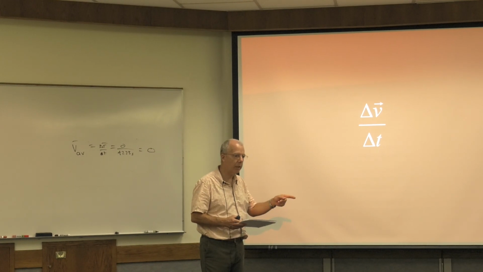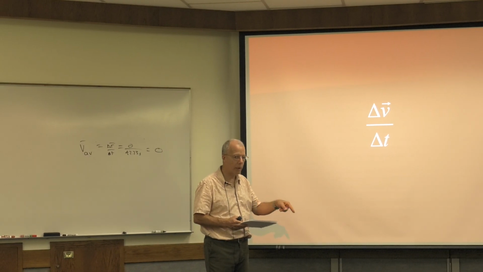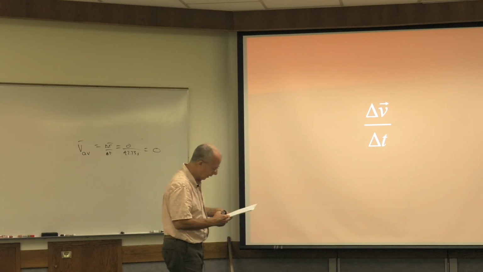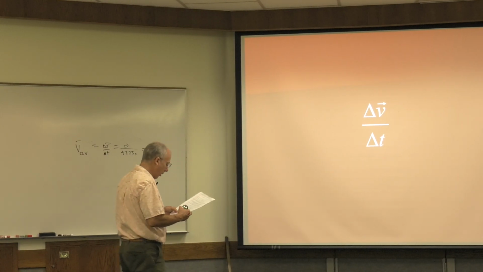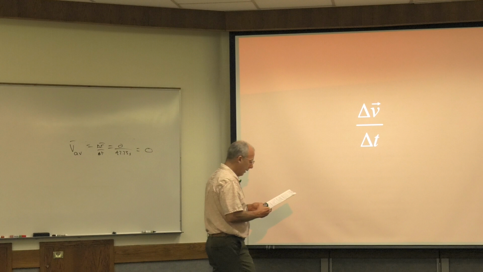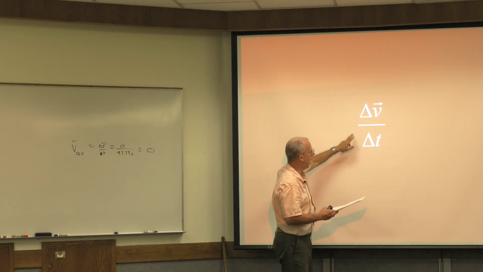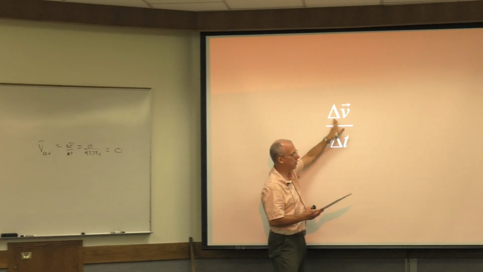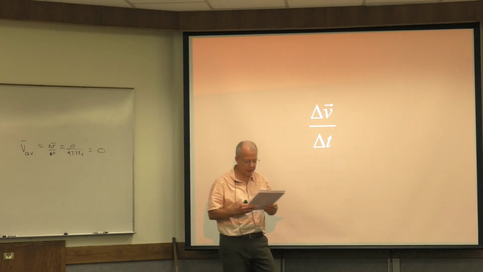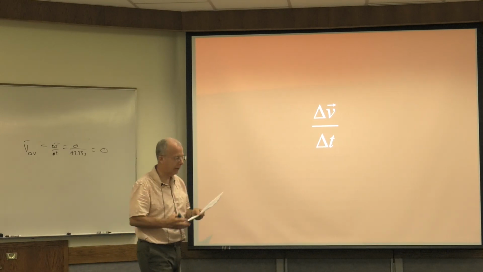Because remember, velocity is speed as well as direction. For this chapter, we're just going to talk about increasing and decreasing speed. We'll talk about changing direction in chapter 4.